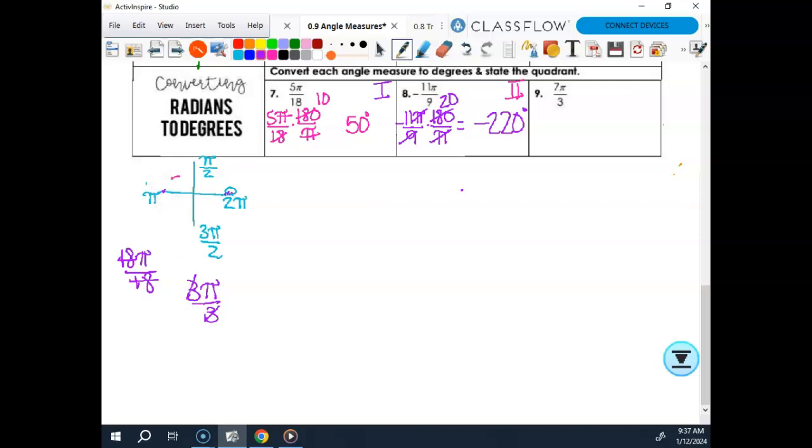If I go all the way to here, how many pi thirds is that? 6 pi thirds, right? So 0, 3 pi thirds, 6 pi thirds, 9 pi thirds, I could keep going, but 3 pi thirds, 6 pi thirds. Well, I need 7 pi thirds. If I go a third of the way from here to here, what quadrant am I in? First.